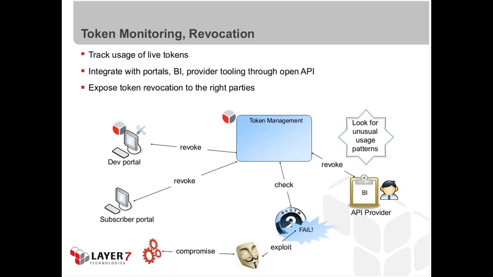They want to be able to go into the developer portal for this API, view all of the OAuth sessions that are owned by this application, and revoke all of them. So it makes sense to expose that information through the developer portal to the application providers themselves. So the token management has to provide this information to potentially a lot of sources. This type of integration is best served by itself using APIs, open APIs, of course.